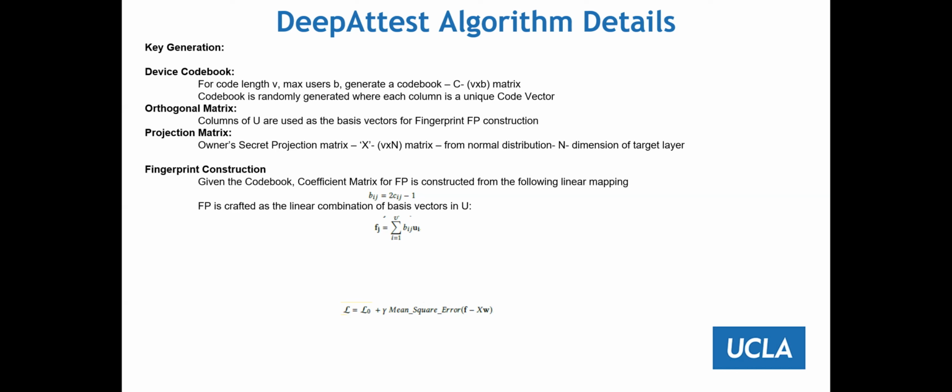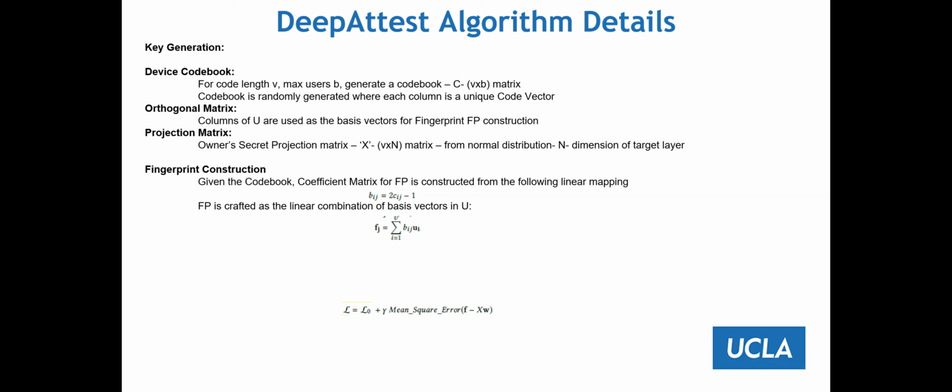At last, the fingerprint is crafted as a linear combination of basis vectors. We use the basis vectors generated from the orthogonal matrix step and multiply them by the coefficients generated, and we arrive at the fingerprints. So Fj denotes the fingerprints, which are the weighted sum of the basis vectors.